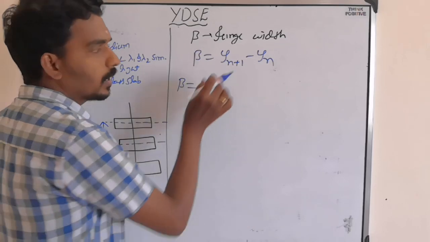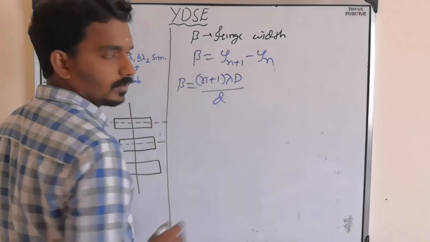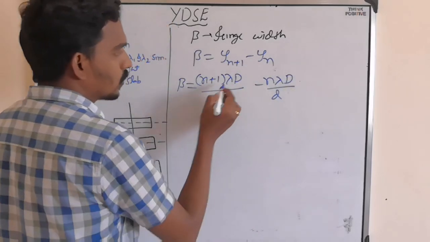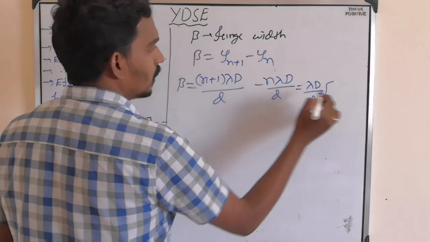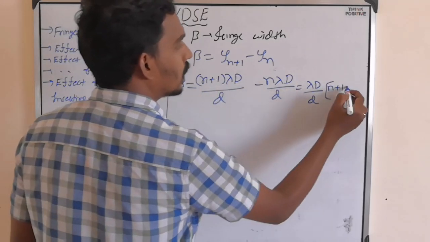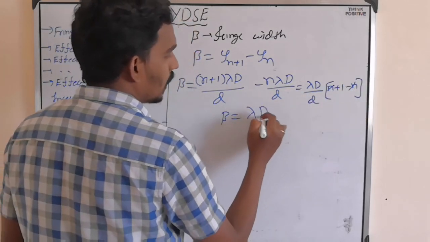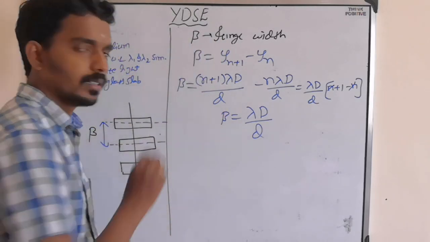So n plus 1 lambda D by d minus n lambda D by d. Lambda D by d is common, n plus 1 minus n cancels, so beta equals lambda D by d. This is the fringe width.